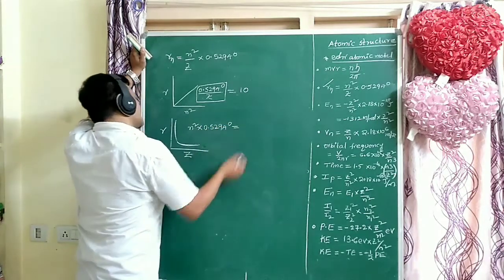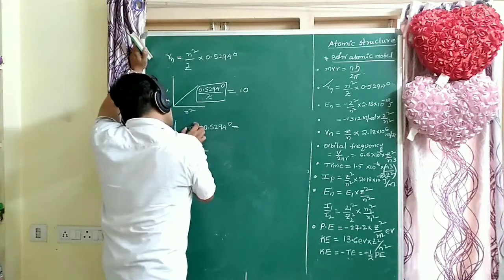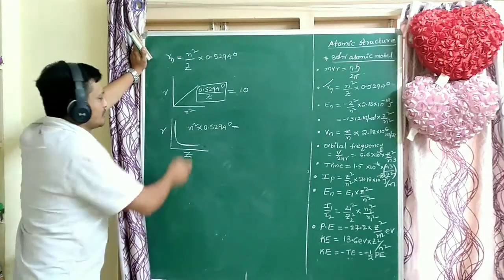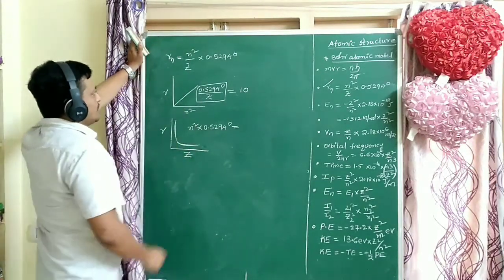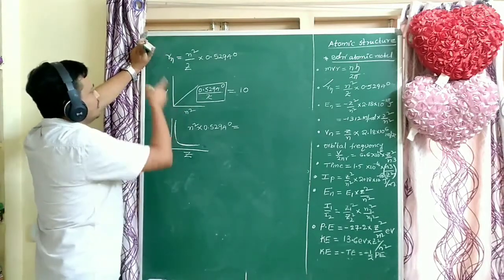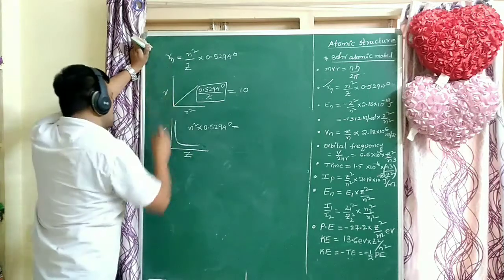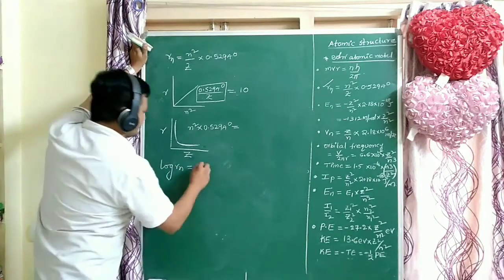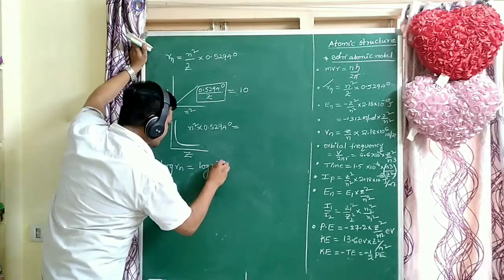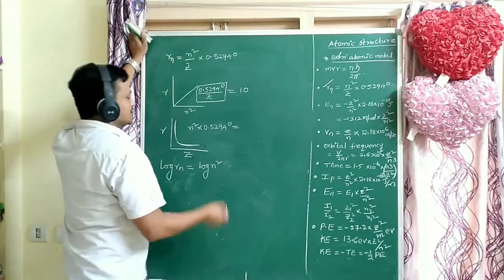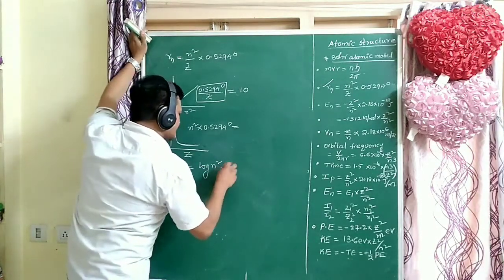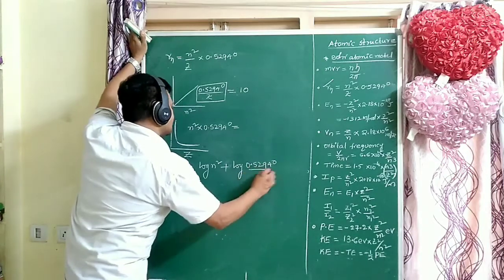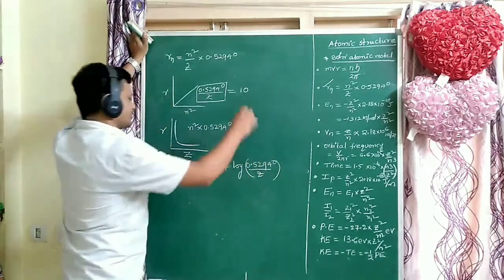If a particular slope value is given, you can easily calculate the principal quantum number n of the orbit. To do this, apply the log on both sides: log Rn equals log n square plus log 0.529 angstroms by Z. This is the intercept.